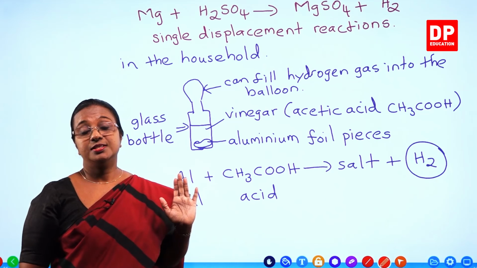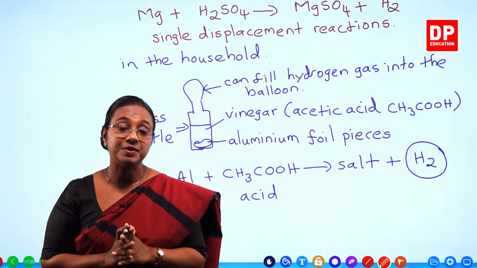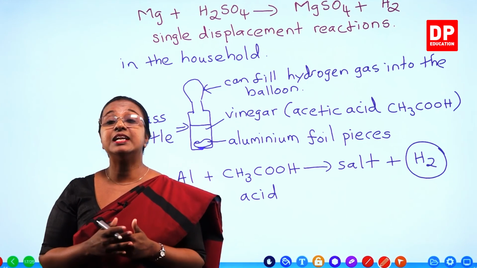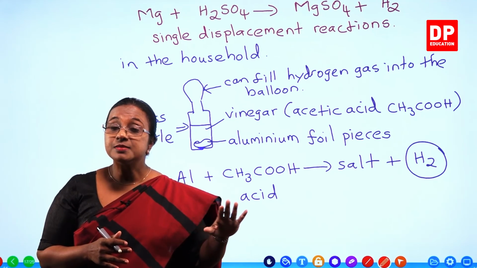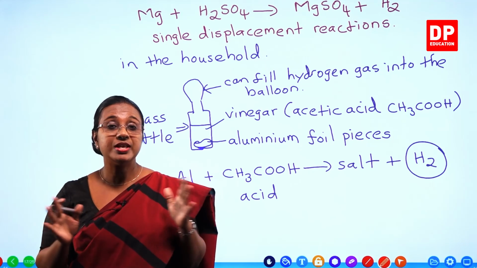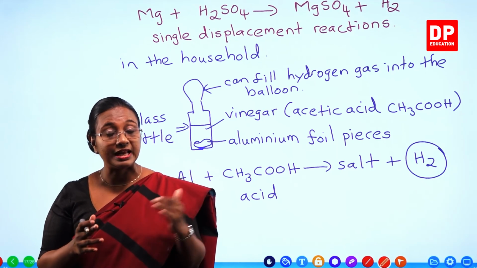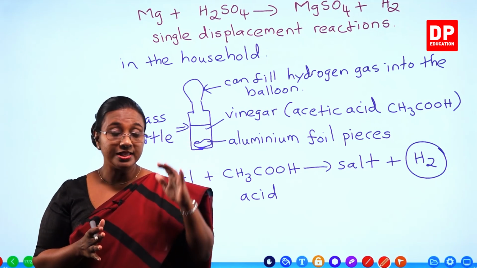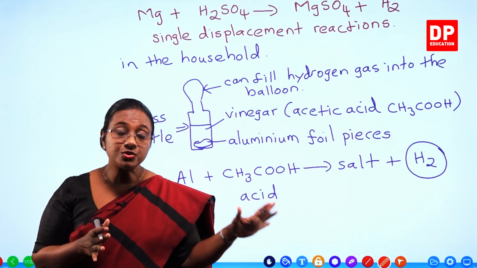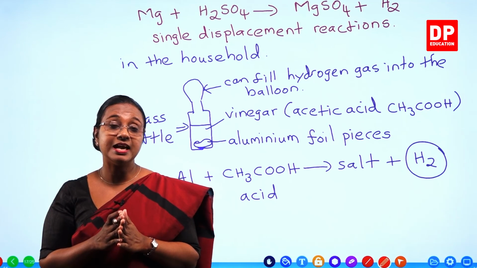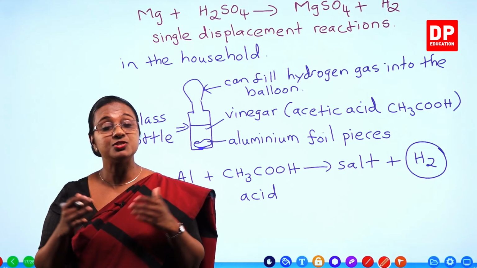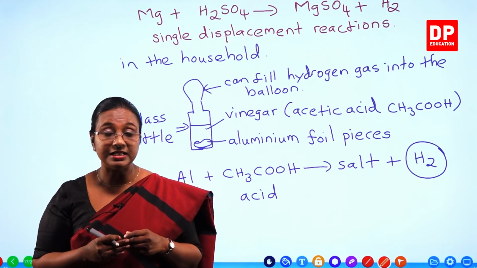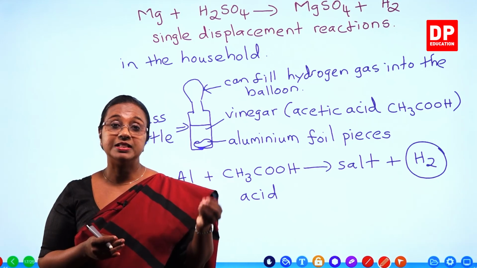So with that, students, I am going to end this chapter where we discussed physical and chemical properties of hydrogen gas. I explained in detail how you set up the apparatus to collect hydrogen gas in the lab, all the considerations, and you saw how we can collect hydrogen gas and test and confirm that it is hydrogen gas using a burning splinter, and it burns off with a pop sound.